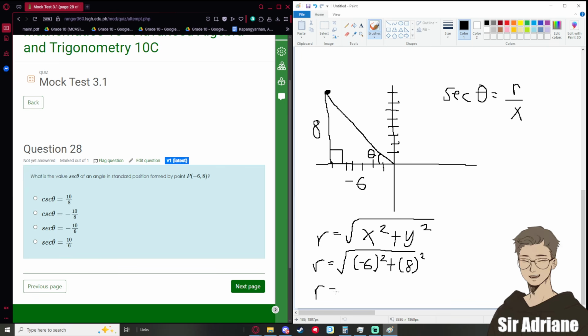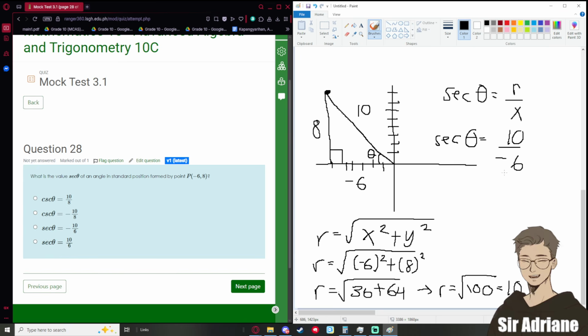So r is equal to the square root of 36 plus 64. And 36 plus 64 is 100. Square root of 100 is 10. So the value of r, or this hypotenuse, is equal to 10. So therefore, the secant of theta is just equal to 10 over negative 6, or negative 10 over 6.